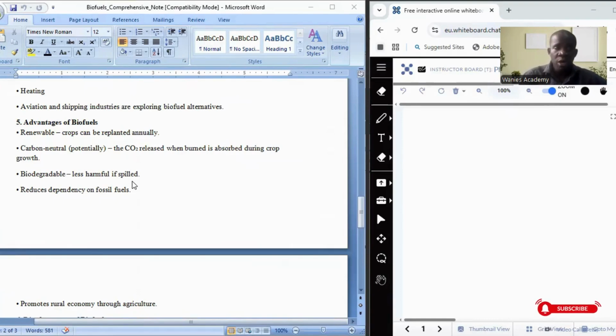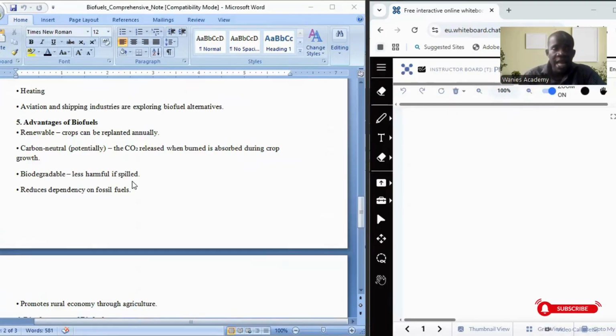It's readily available. Then we also see its carbon neutral potential. The carbon dioxide released when burned is absorbed during crop growth as well. Then it is biodegradable. It can be decomposed easily and is less harmful if spilled, so it doesn't cause harm to the environment.